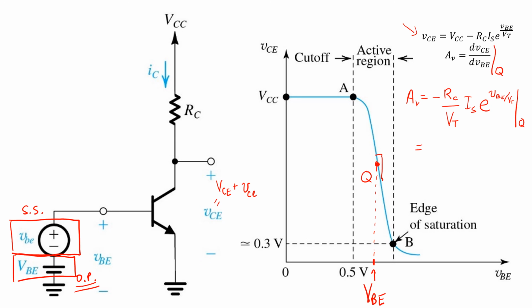We substitute that in and we get an expression like this: RC over VT times IS e to the VBE over VT.